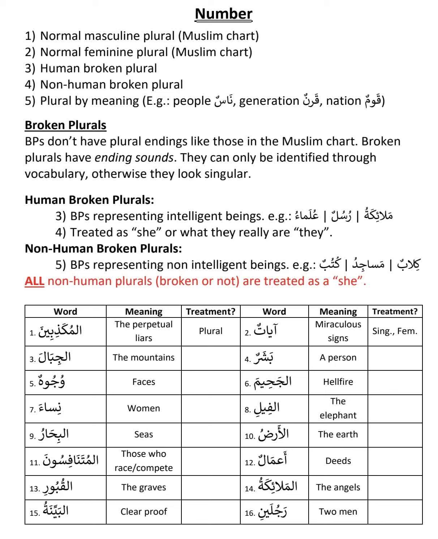Those are nas, qarn and qawm, or qawm, qarn, nas. Here it is mentioned qawmun, qarnun, nasun. Qawmun means nation; we know our qawm, we used to say. Qarnun is generation, and nasun, obviously you all know, Qul a'udhu bi rabbin nas, is people.